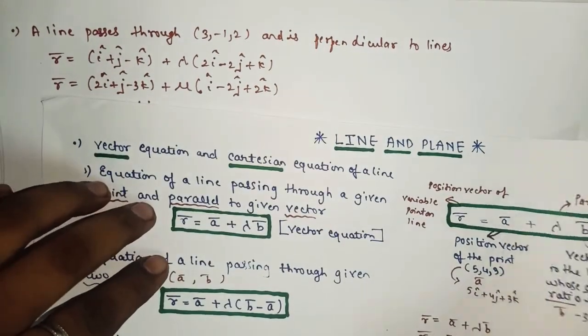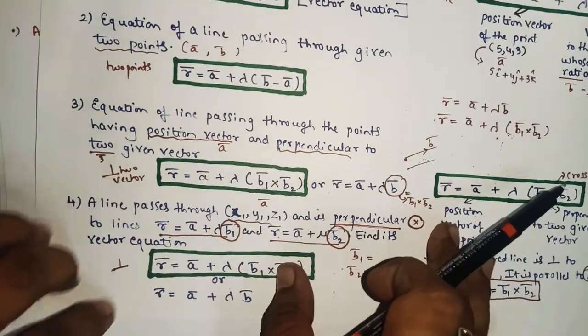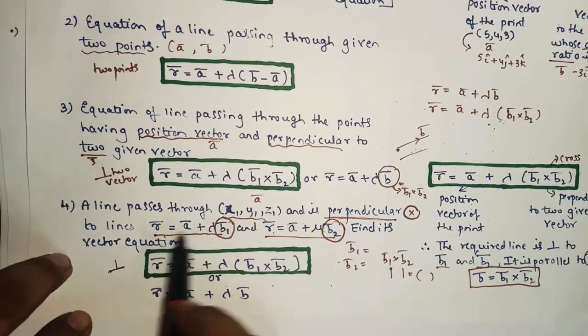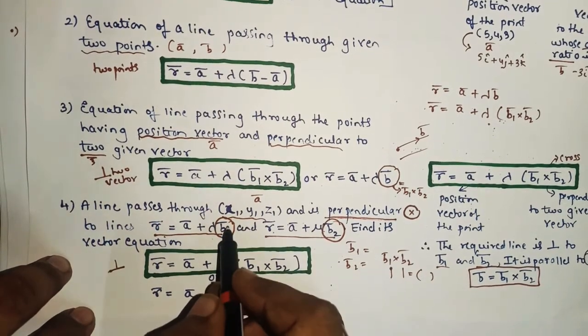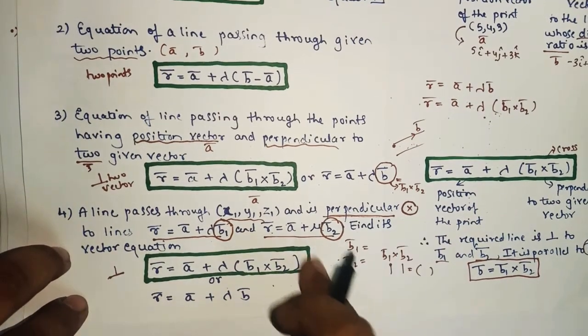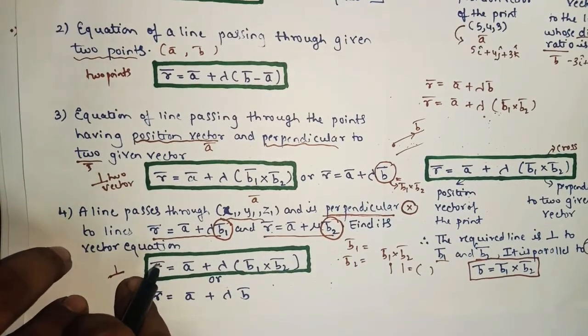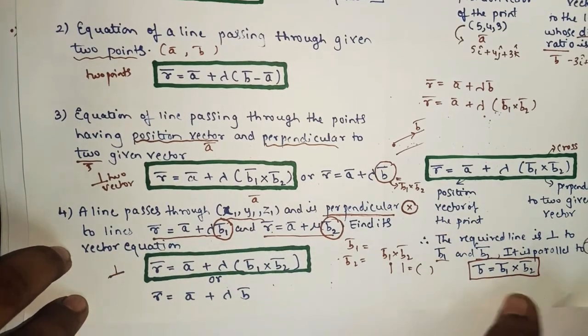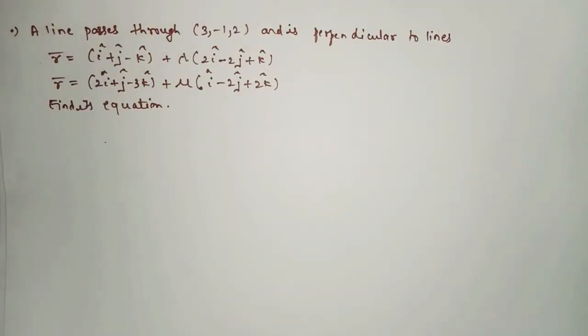So in this case you will compare these two equations with the two vector equations, from where you will get b1 and b2. And you will apply this formula, that is r bar equals a bar plus lambda b1 cross b2. So let's begin with the sum now.